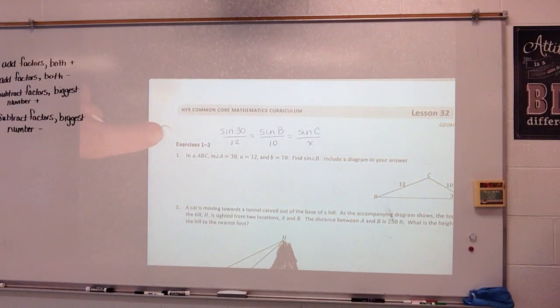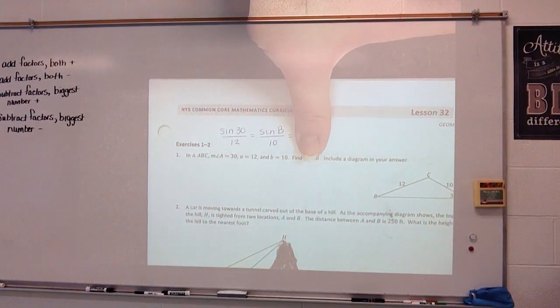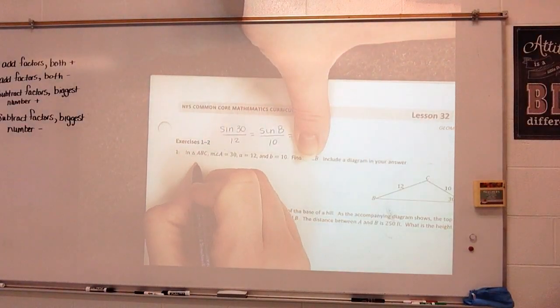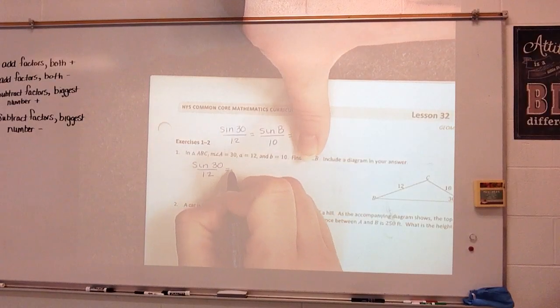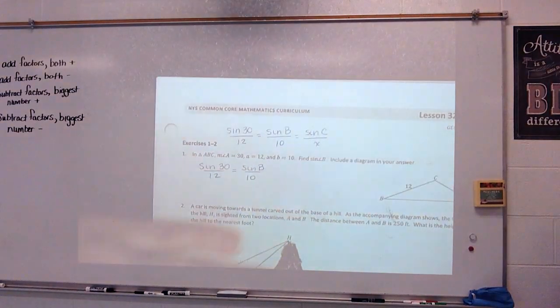So which of these are going to be beneficial if I'm trying to find angle B? Well, I don't know anything about C, so my ratio is going to be set up as the sine of 30 over 12 is equal to the sine of B over 10.